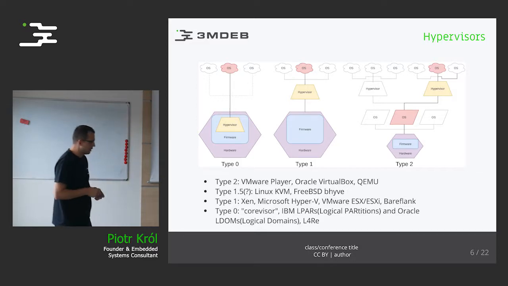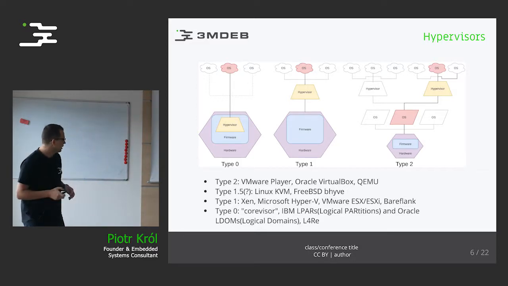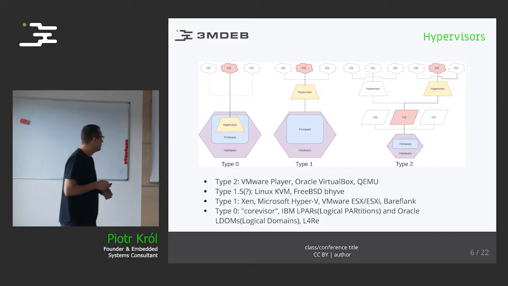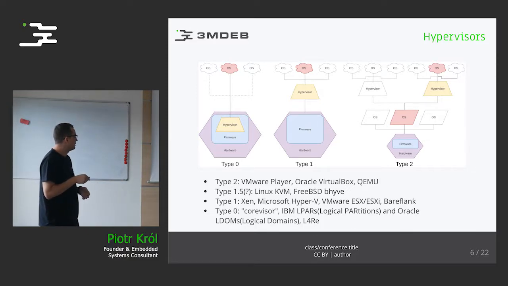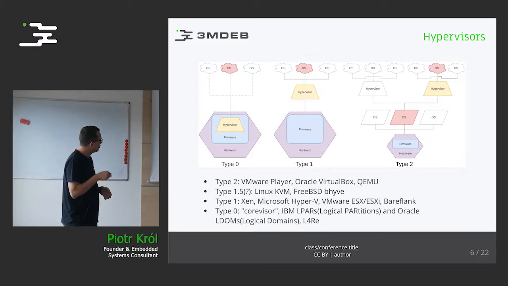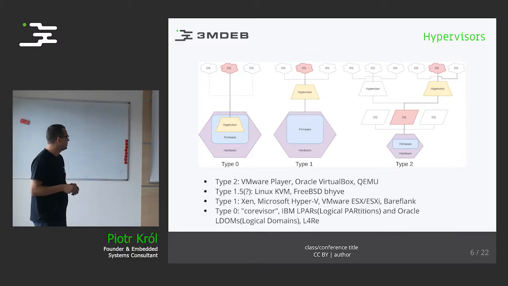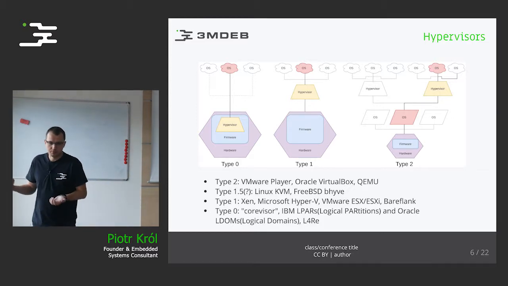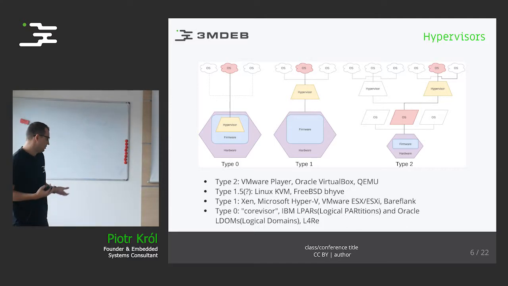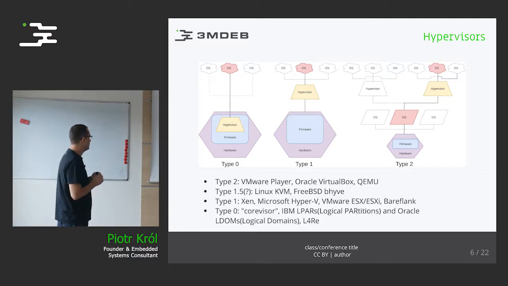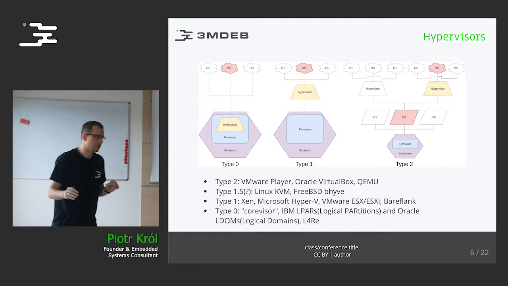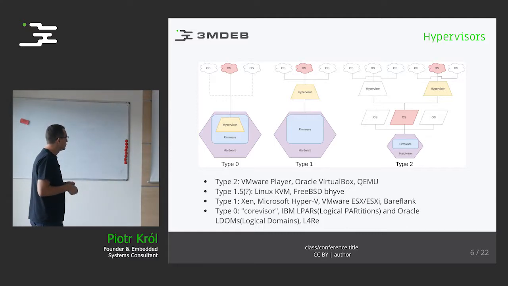This terminology has some gray areas. For example, Linux KVM and FreeBSD bhyve are part of the OS, so we're thinking whether this is really type 2 or type 1. So maybe this is type 1.5. These types are kind of continuous and can have various features.